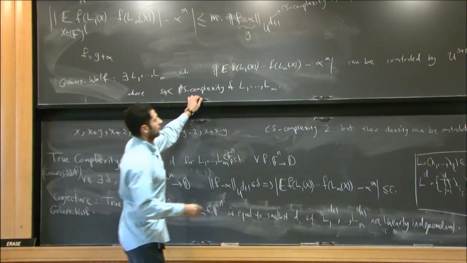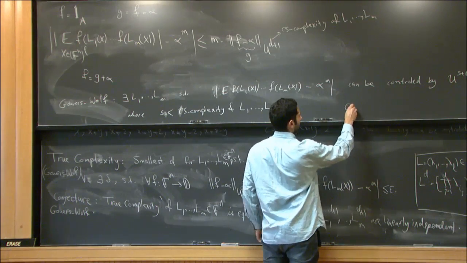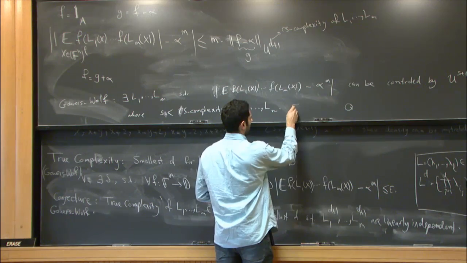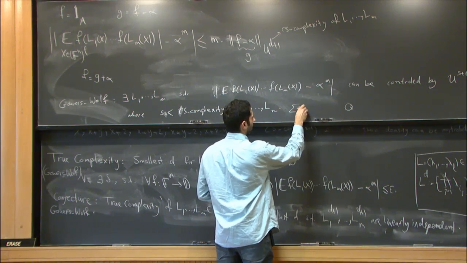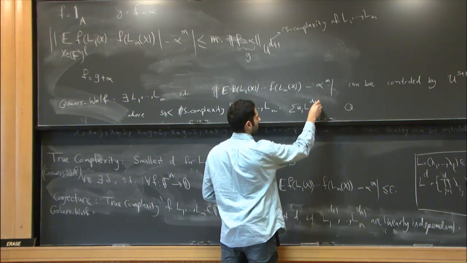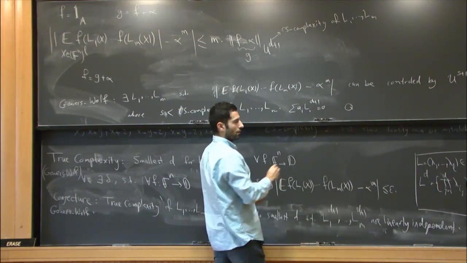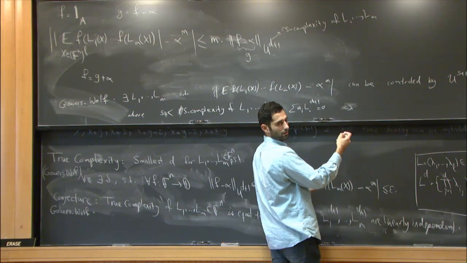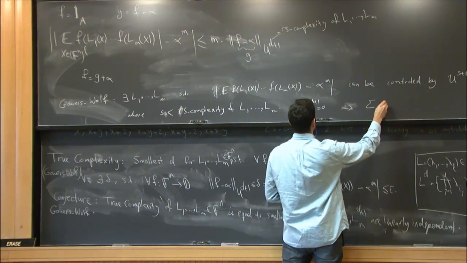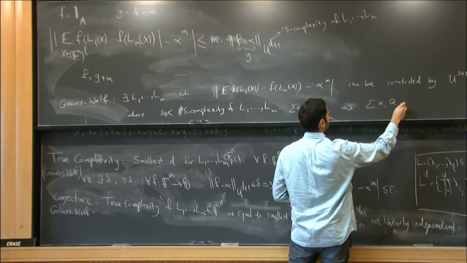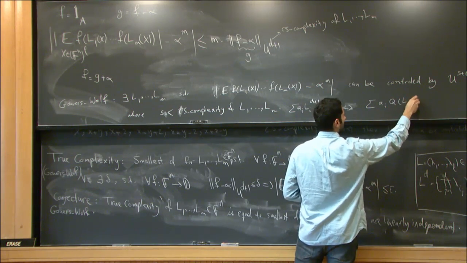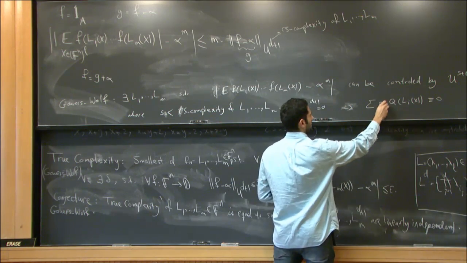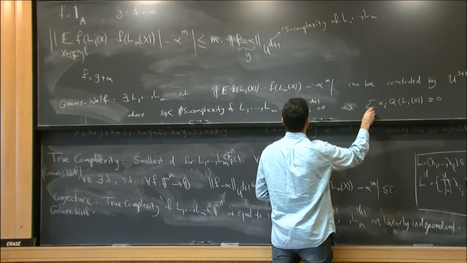So if the sum of a_i L_i to the d plus 1 was 0, then this implies that for any homogeneous degree d plus 1 polynomial Q, the sum of a_i Q of L_i of x is the constant 0 function.